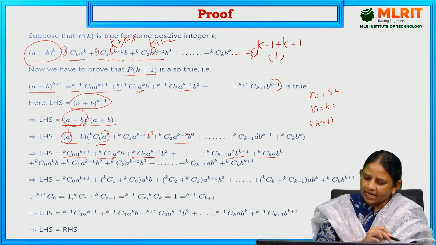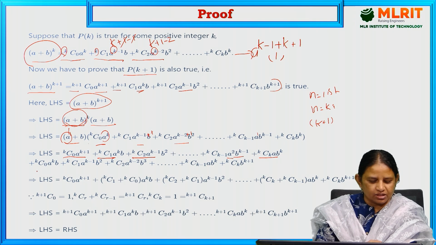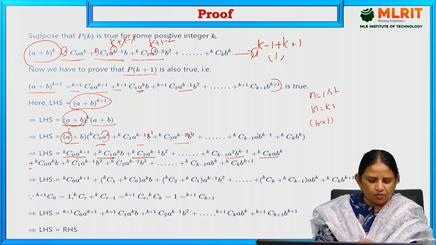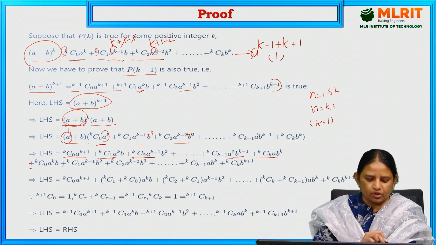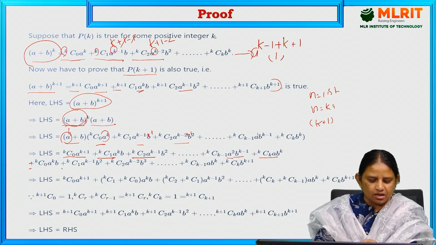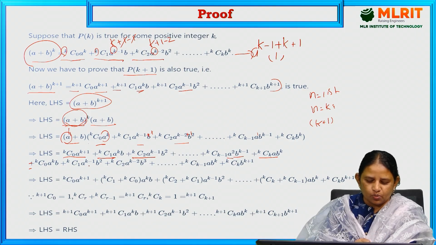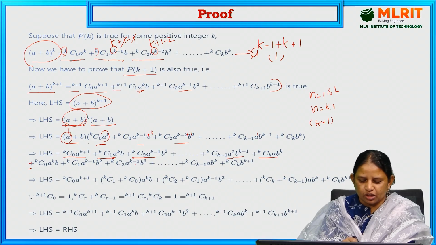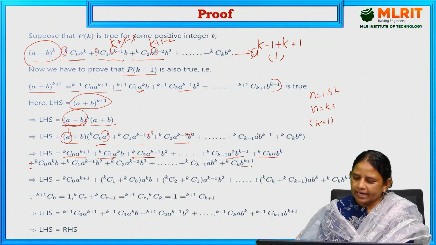Then again it will be extended for b: kc naught a to the power of k into b. Next, after that kc1 a to the power of k minus 1 into b square, then kc2 a to the power of k minus 2 b cube, and so on up to k plus 1 terms.